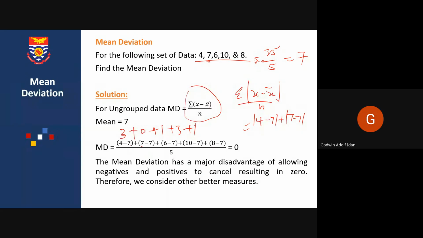Everything divided by 5. So we have 8 divided by 5, which gives us 1.6. Oh, okay, so we just have to ignore the negative. Exactly.